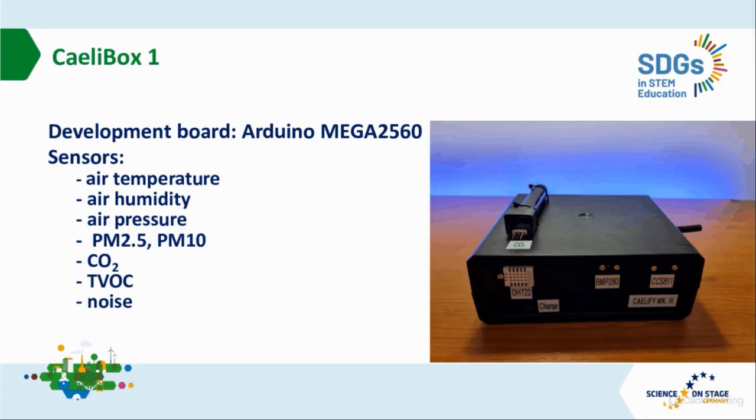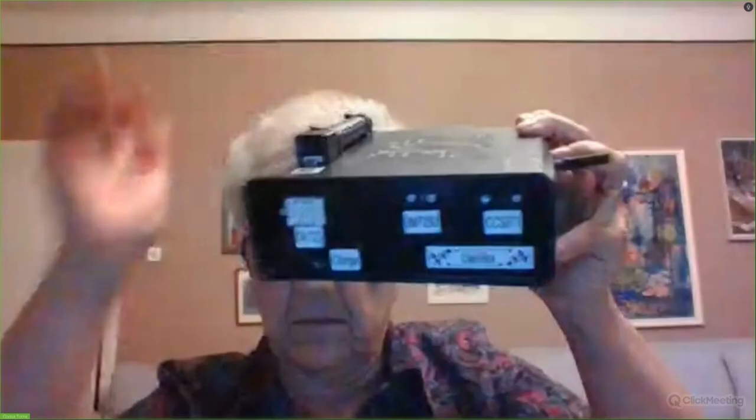This is the first device. And here you can see there are many sensors here, in the box: carbon dioxide, also a sound sensor and a sensor for temperature.